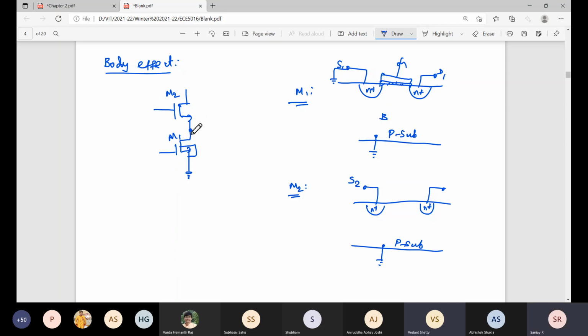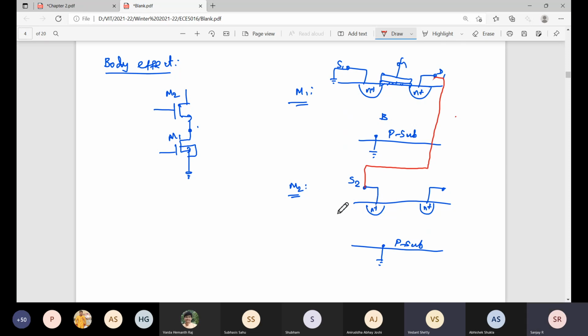Let's take this node as the drain. So this is the drain of the M1 transistor. Where is it connected? Is it ground? No, it is connected to the drain voltage of the M1 transistor.